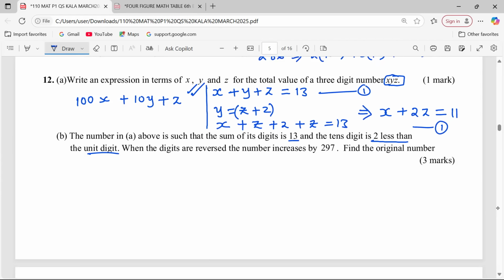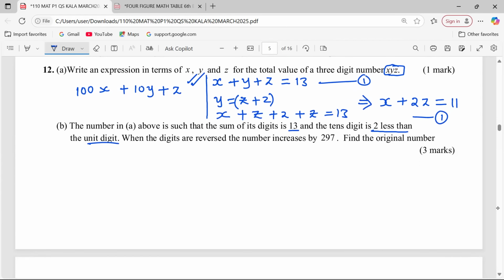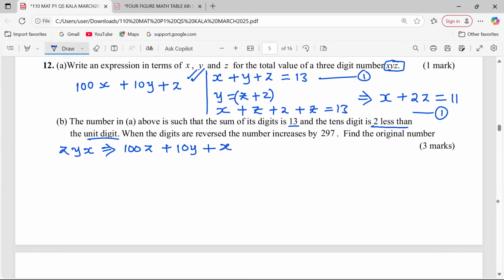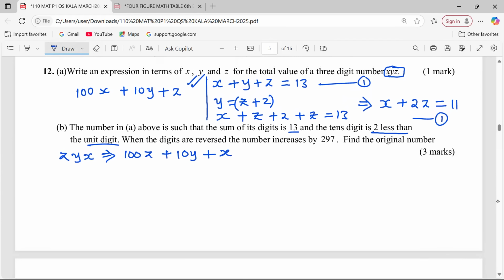Let's proceed. When the digits are reversed, the number increases by 297. When the digits are reversed, they now begin with Z, Y, X, whereby the total value is 100Z, because Z is occupying the hundreds position, plus 10Y, plus X. We are told that the number increases by 297.